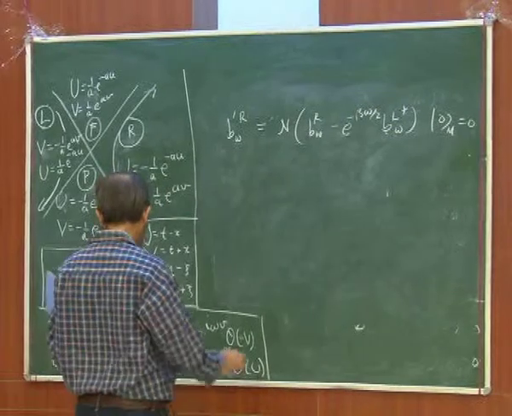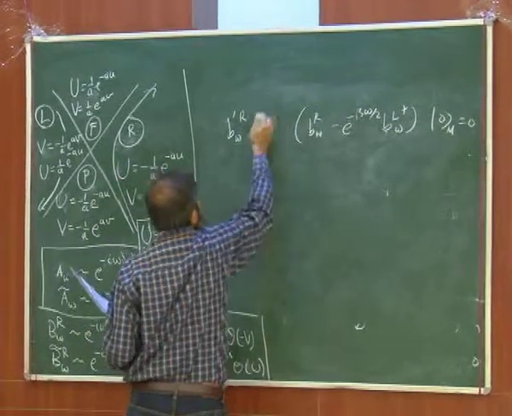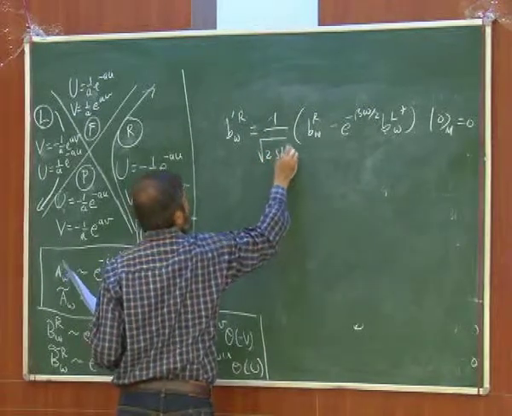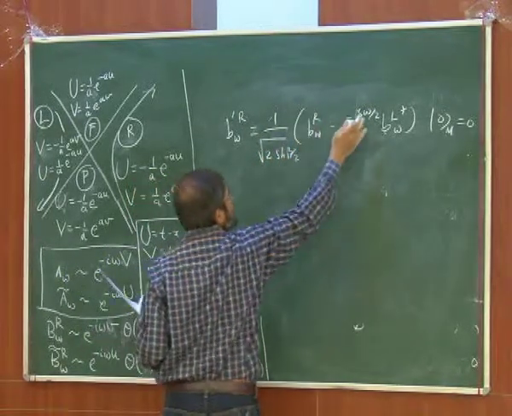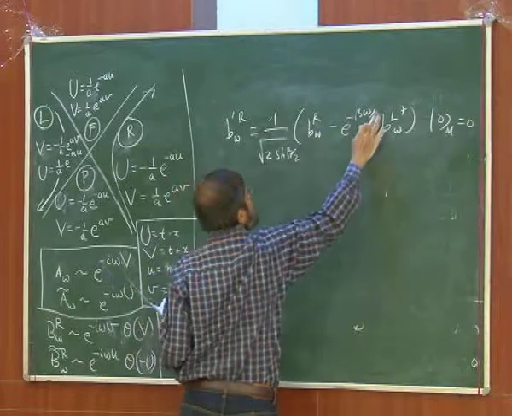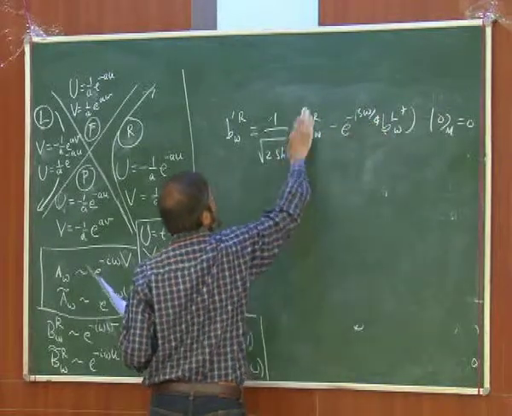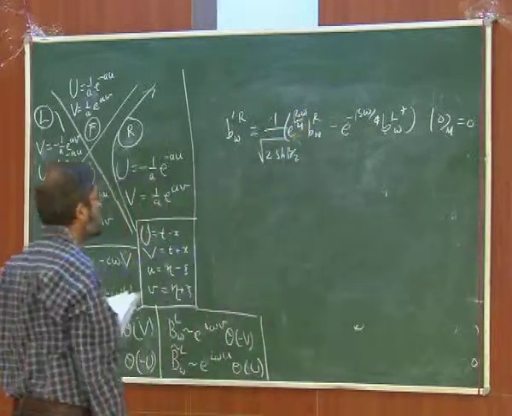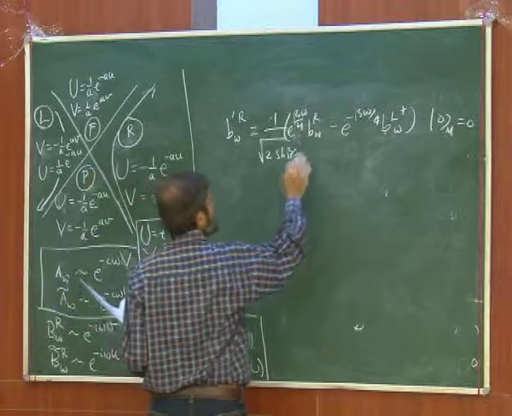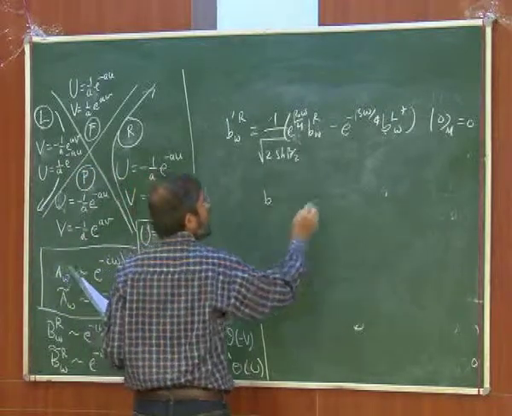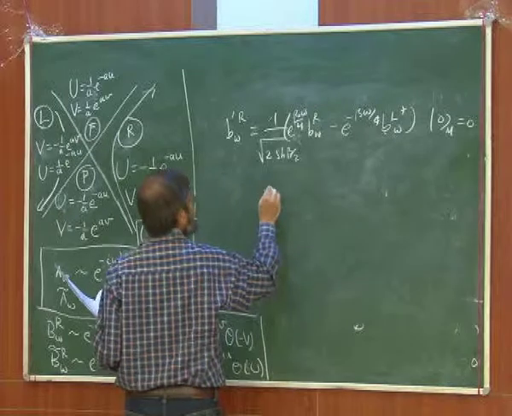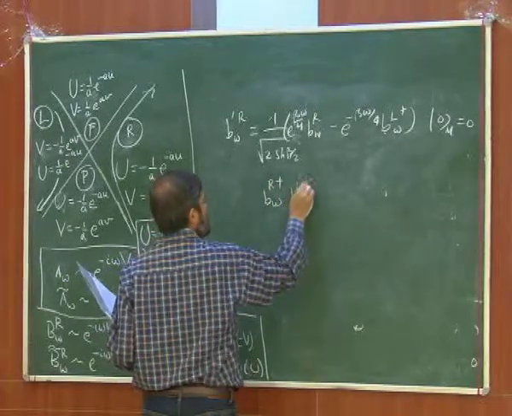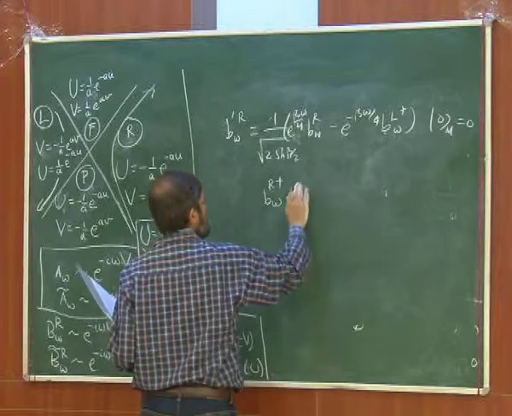Let me write the normalization actually. This is important. The normalization is such that half of this comes here. Now you can compute the particle density of the Rindler modes.